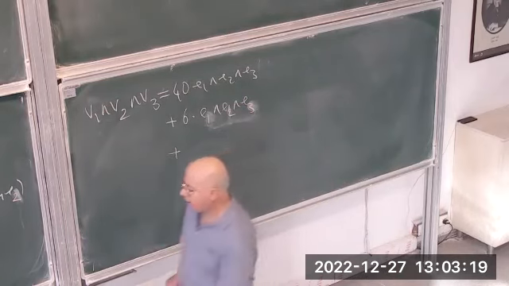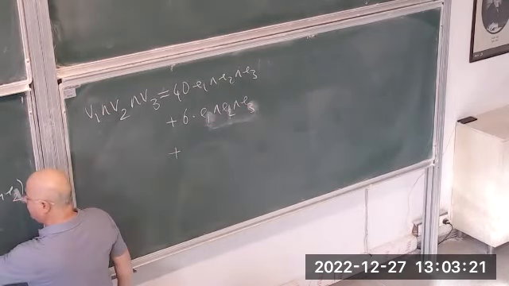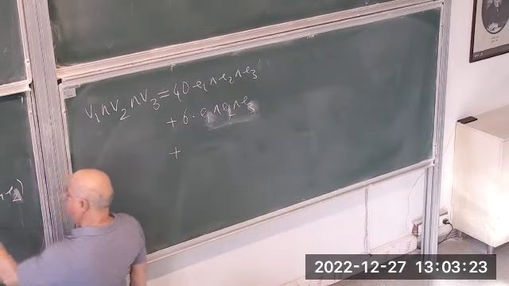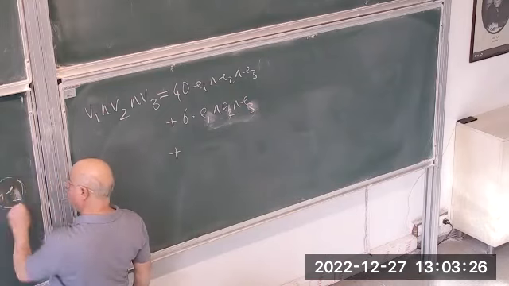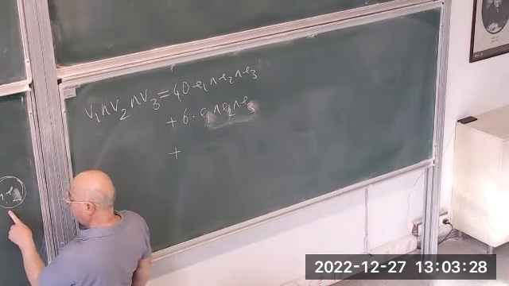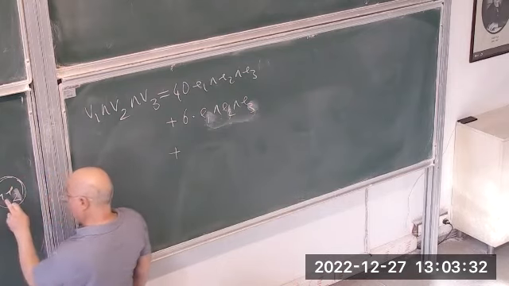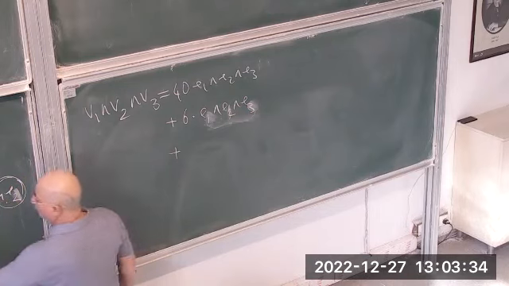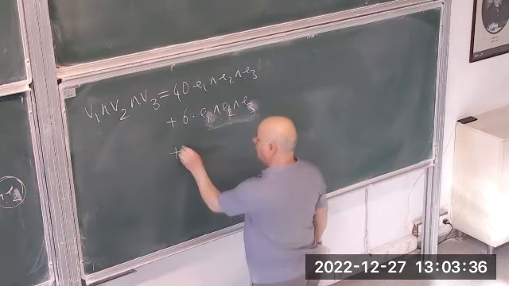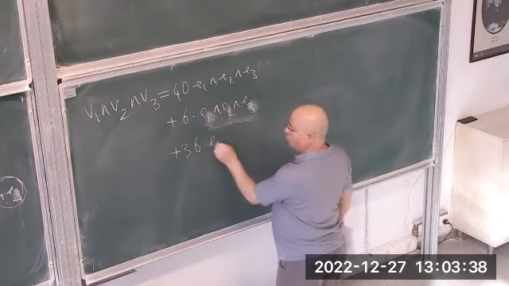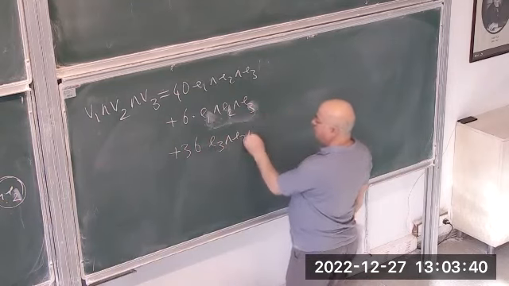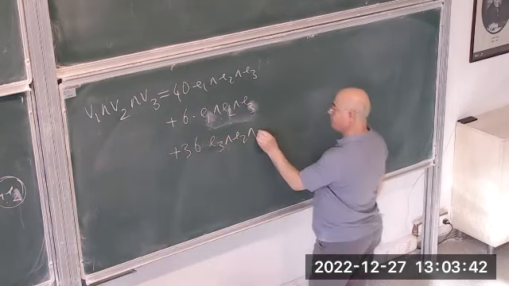Plus, last element, I take this one, and then this one, and then I have to take this one. So 3, 12, 36, right? 36 times 3, 2, 1.